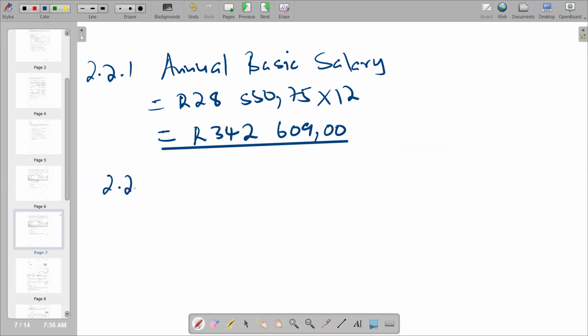Now we are saying 2.2, whereby we say 342,609. This is the annual basic salary. Then we subtract the pension fund, which is 7.5% of the basic, which is again 342,609.